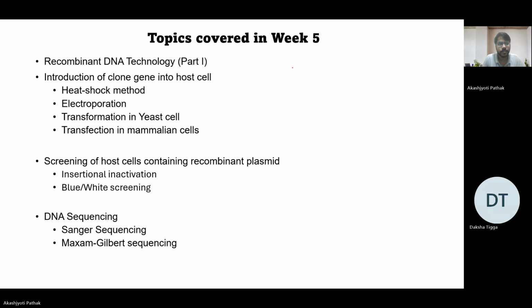Now, once we have cloned the gene of interest into the vector, what is the next step?